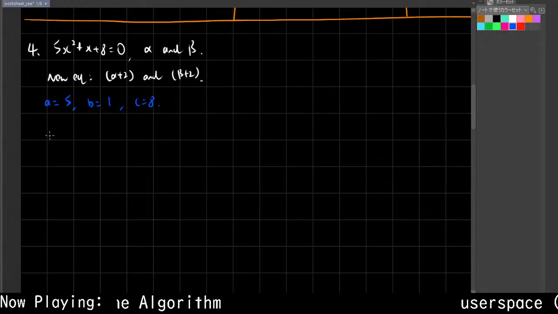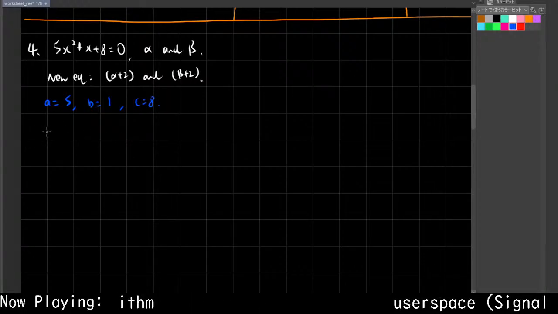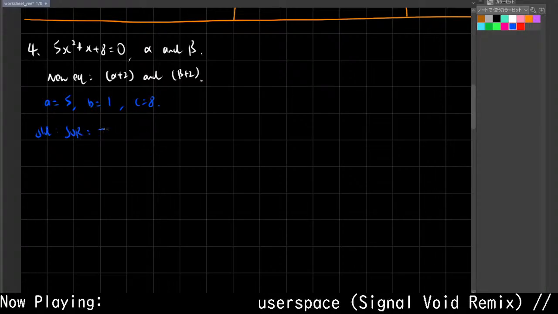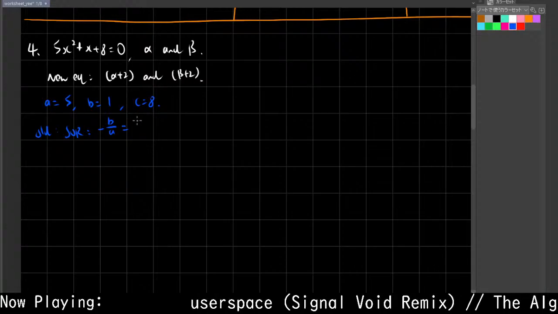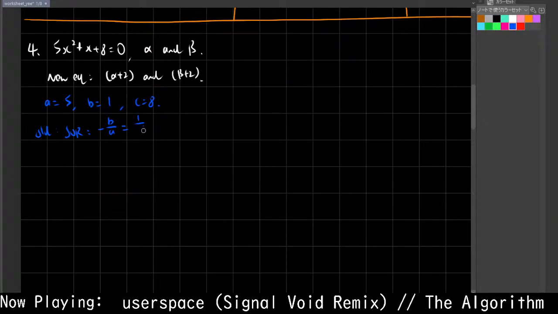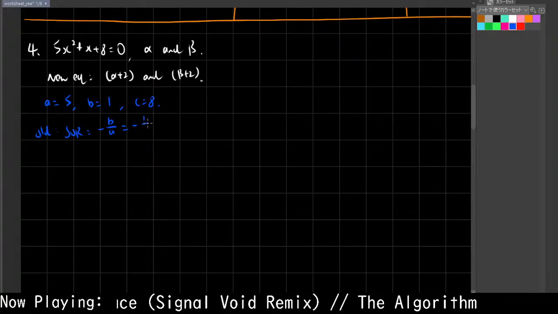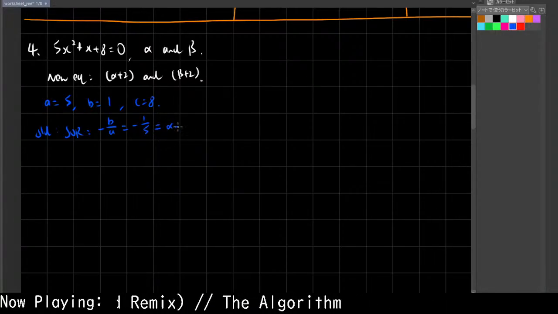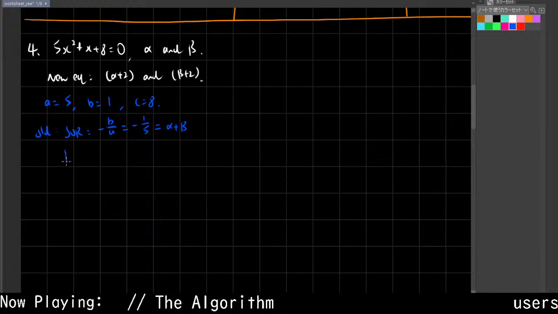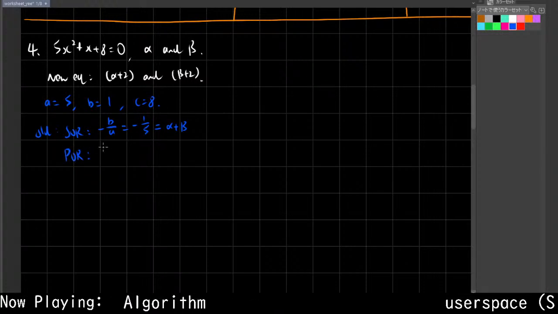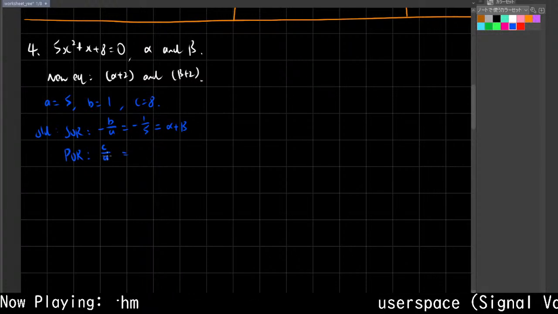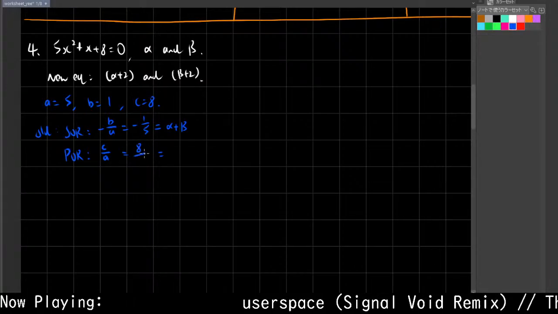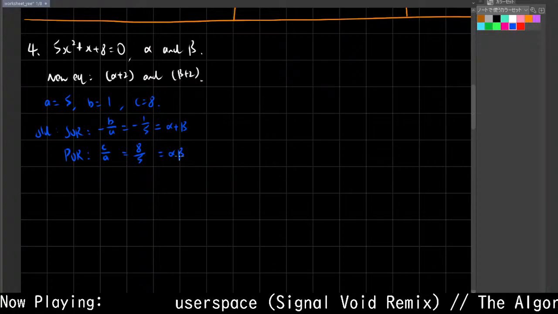Then your old SOR will be equal to negative b over a, which in this case is negative 1 over 5, which is also equal to the two roots added together, alpha plus beta. Your POR is equal to c over a, which is 8 over 5, and also equal to your two roots multiplied together, alpha times beta.